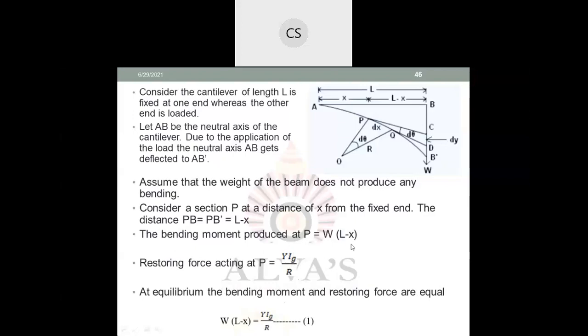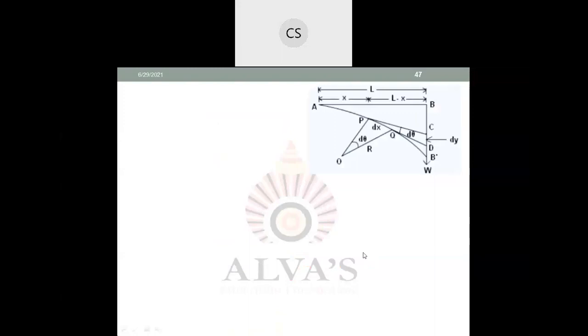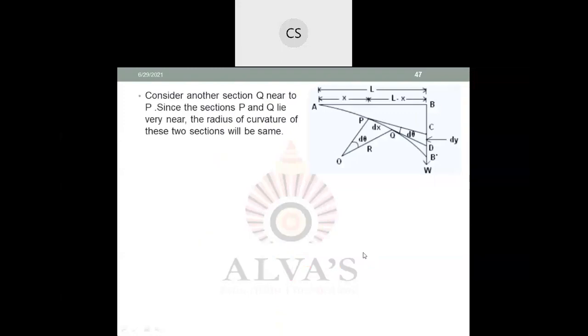That is W into L minus x equals Y into Ig by R. So all the terminologies are known, correct? Okay, so let us go further.